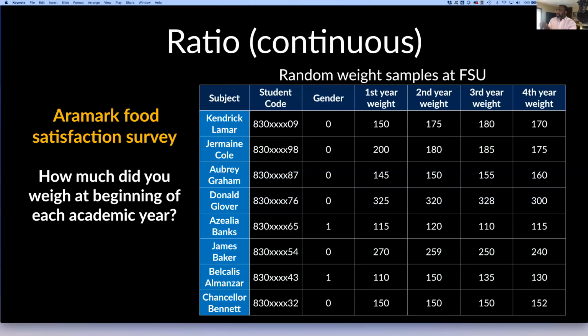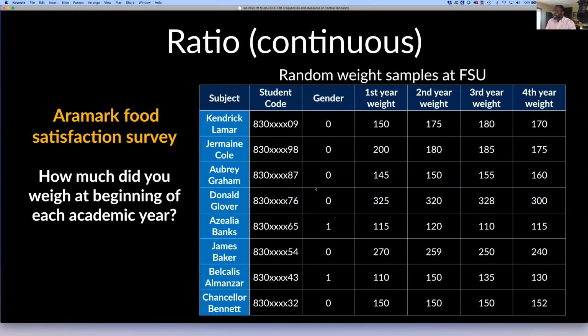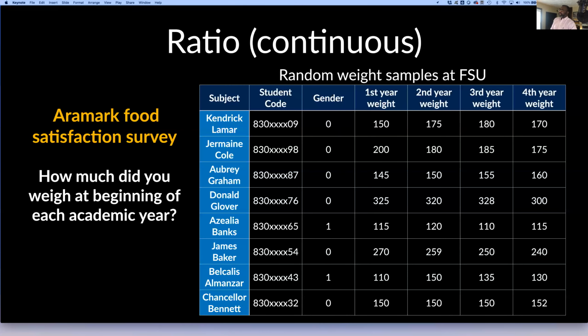But yeah, this is a perfect example of how we have two continuous variables, gender being the first, because we converted it from a categorical variable and made it a quantifiable variable here. And so now SPSS can determine if there's a relationship.